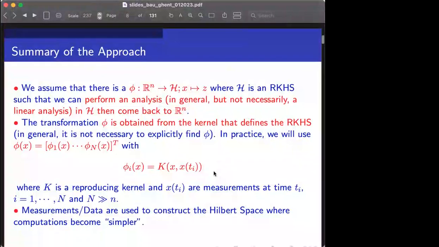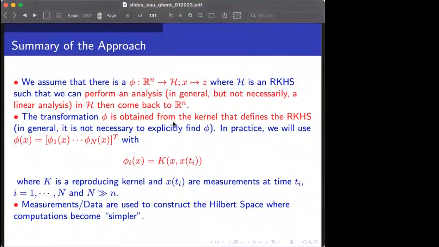So the summary of the approach is that we assume there is a phi, an embedding that goes from Rn into H, where H is an RKHS, where we perform an analysis that is not necessarily a linear analysis in H and then come back to Rn. The transformation phi is obtained from the kernel that defines the RKHS. So here we are at the RKHS, and the kernel K is a function of two variables.